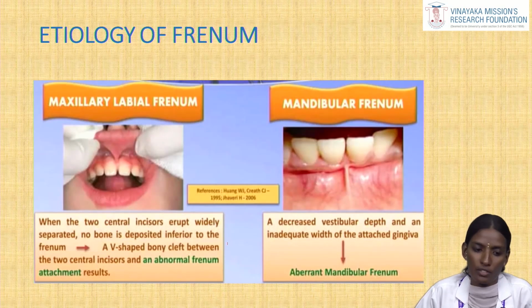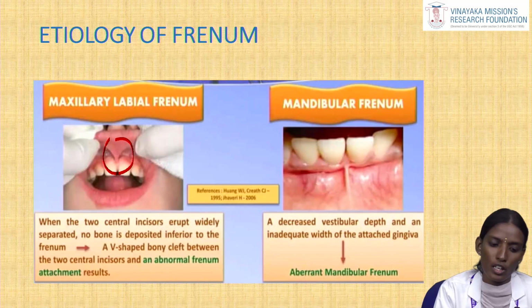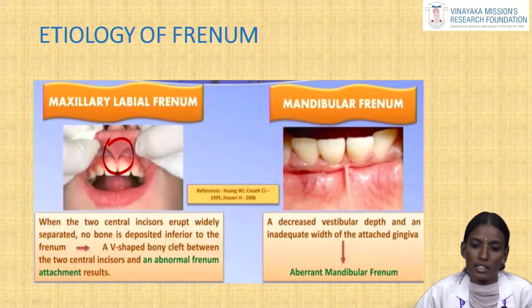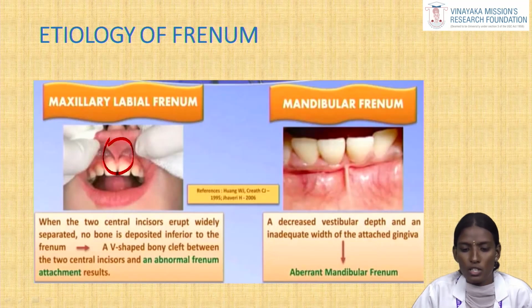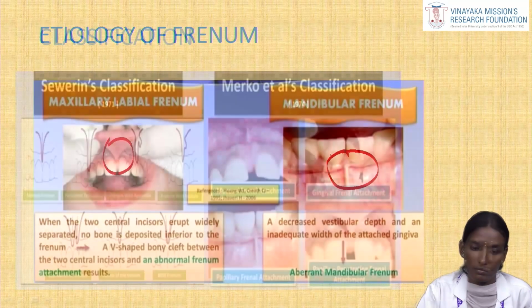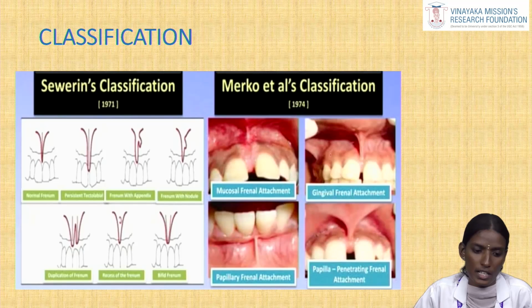The upper labial frenum is present between the two central incisors. The mandibular frenum is attached to a decreased vestibular depth, with inadequate width of the attached gingiva. This is the abnormal mandibular frenum.